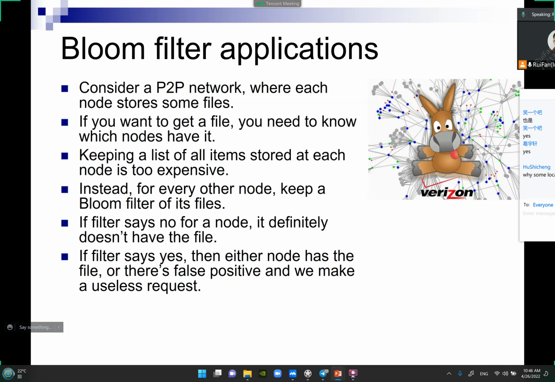That's a very cheap operation, and it allows you to often avoid making the more expensive operations to the nodes in the network. So basically, Bloom filters, as the name implies, are used as a filter operation in front of some more expensive operation.